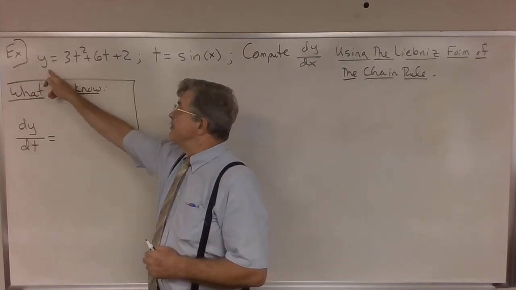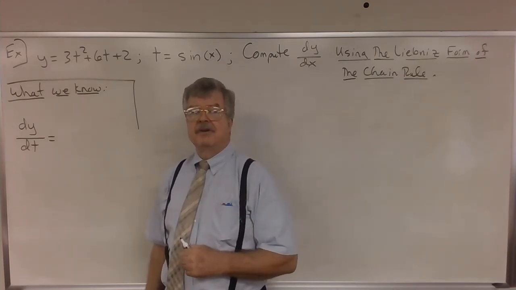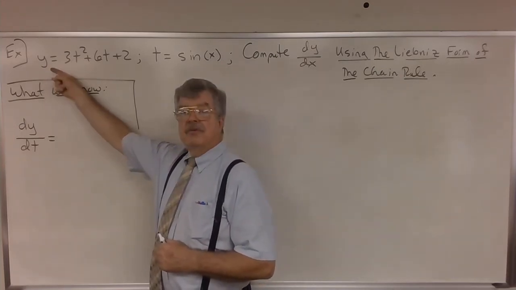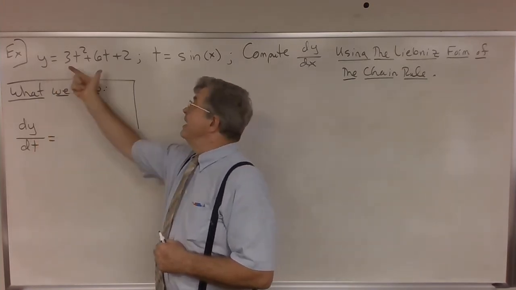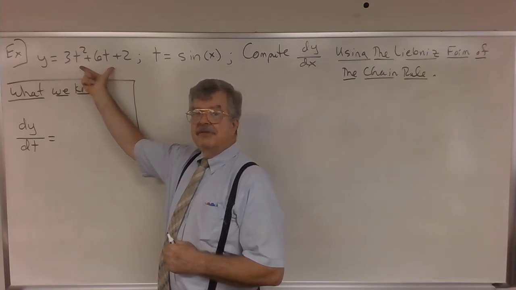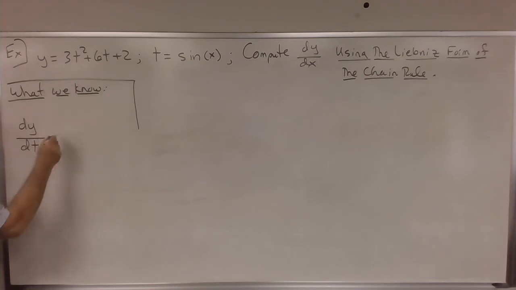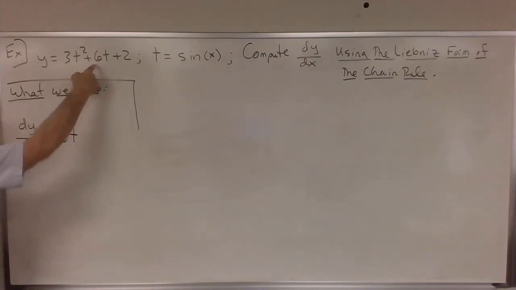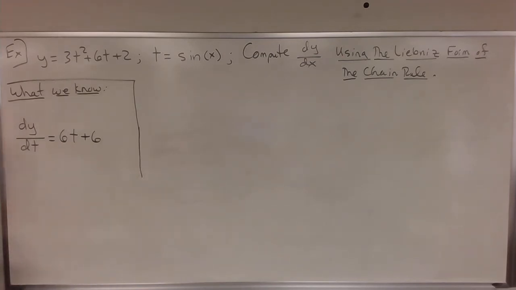Well, I just compute the derivative of both sides of this equation as a function of t. If I compute the derivative of y as a function of t, I get dy/dt. And if I compute the derivative of this side with respect to t, I get 6t plus 6. Like I said, this was not something that I knew, but it was something that I could easily deduce from the information that's given.